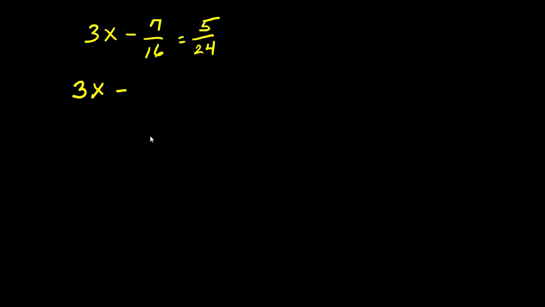This is 3x, subtract 7/16. To zero that out, we use the additive inverse, and the additive inverse states to add the opposite. So we would add positive 7/16, and to keep the equality in the equation, we would add exactly the same thing to the other side.